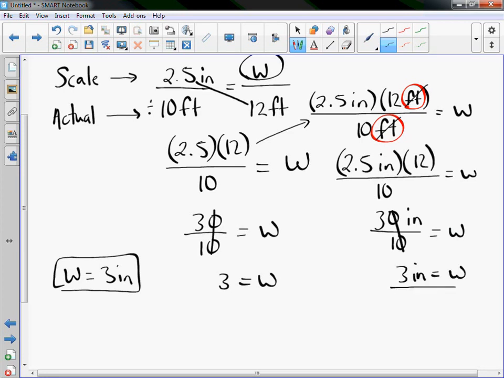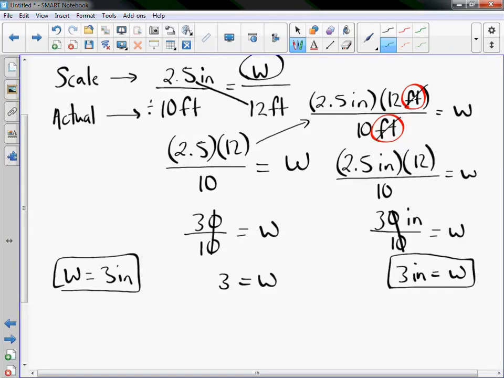Okay, so there's kind of this idea that you can go through the problem and then decide what your label is. And most of the time, especially in math, with proportions when we're talking about scale, it should be pretty simple to figure out. Well, I'm talking about the length on the drawing, so it should be in inches. If I was talking about the actual length, it should probably be in feet. Okay?